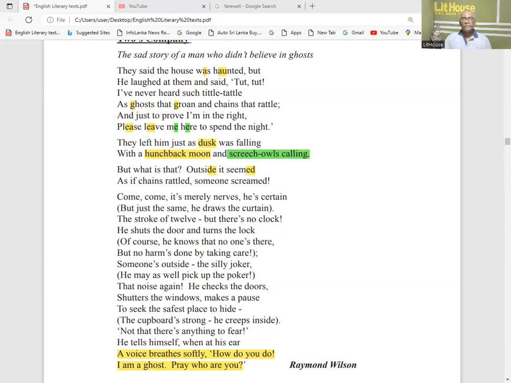Write down. Onomatopoeia is imitation of sounds.